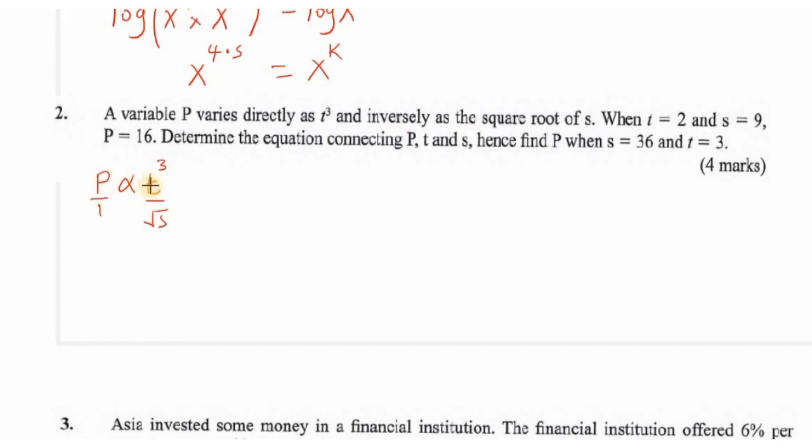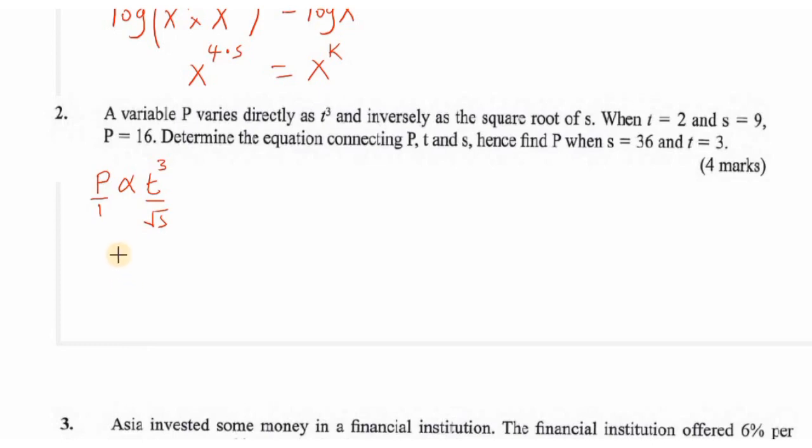So when you have p varying directly as t cubed, then they will happen to be on the numerator, both of them. And because p varies inversely as the square root of s, we have the square root of s on the denominator this side and p on the numerator.